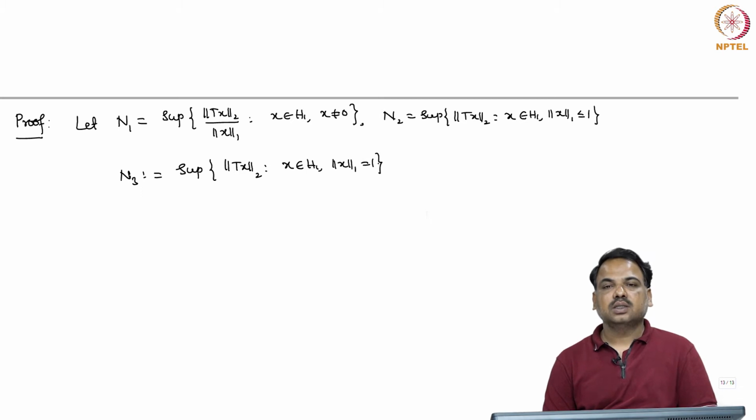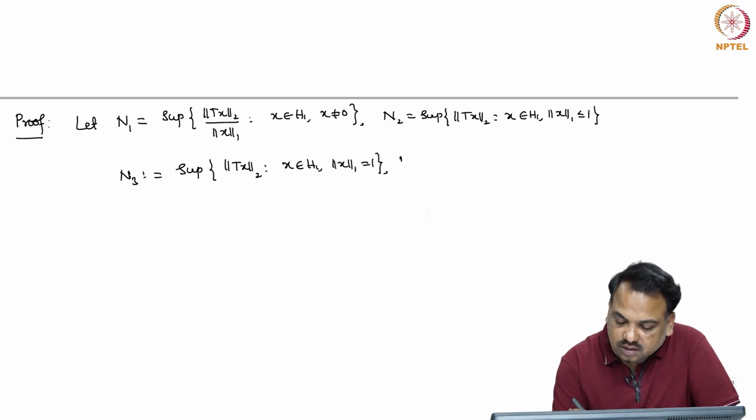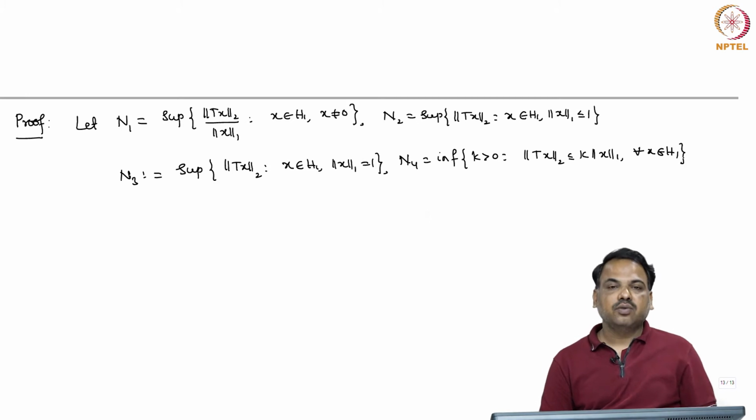The set of all x in H1 with norm x equal to 1 is called the unit sphere of H1. Let us call the last quantity, the infimum of k bigger than 0 such that norm Tx is less than or equal to k times norm x for every x in H1, N4.